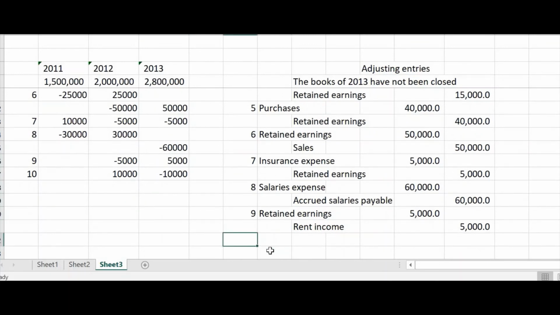Okay? So, ang gawin mo, you'll just debit interest receivable or accrued interest receivable, no? Credit ka ng retained earnings.